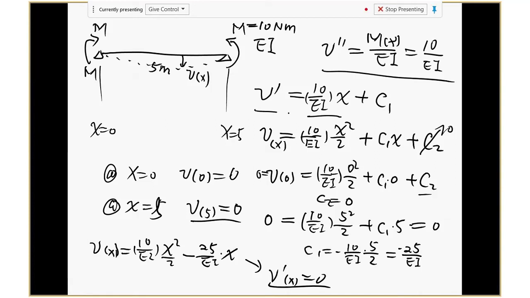See here, we have it here. So you let this one equal 0 and determine the x. C1 we already know. So what's the x value when V prime equals 0?